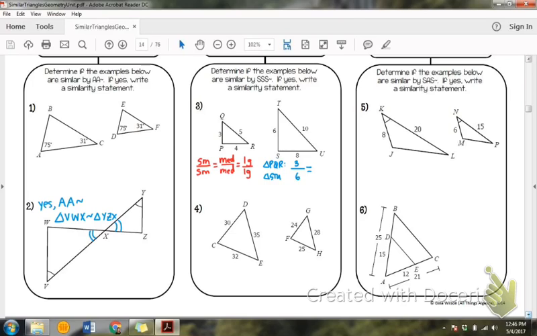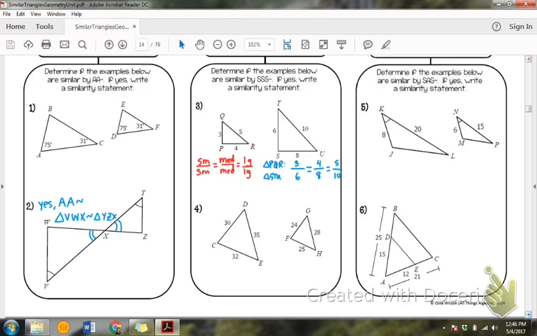Then what's the medium side in either triangle? Remember, you started with PQR, so that has to go on top. What's the medium side? 4. Over the medium side in the other one is 8. And again, we started with triangle PQR, so that one has to go on top, and we're going to put 5 over 10.